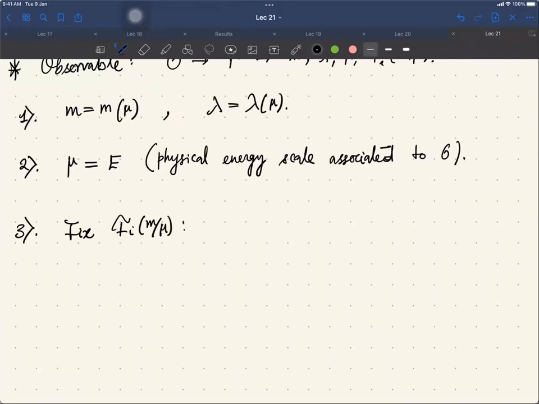This fixing of FIs is called renormalization prescription.